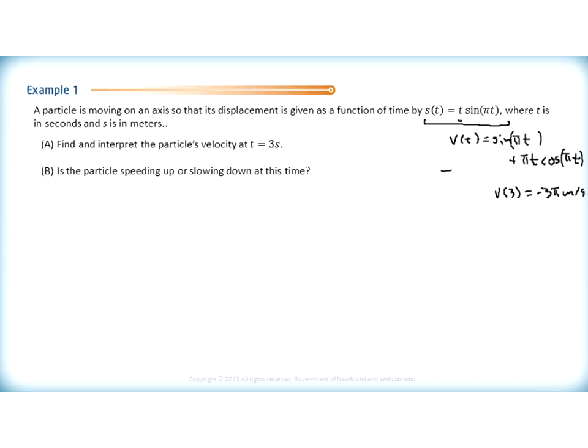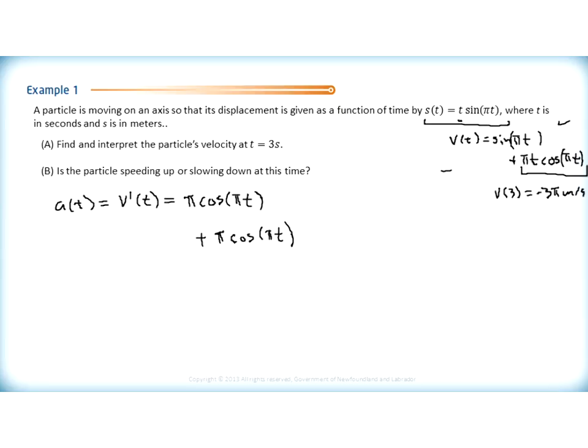So let's see what our acceleration is here. Let's remember that acceleration is the second derivative of position, which is the derivative of velocity. So over here, the derivative of sine of pi t is going to be pi times cosine of pi t. Okay, and then we have to differentiate this bit as well. So we're going to have plus, this is a product rule. The derivative of the first bit, which is pi times t, will just be pi, multiplied by the second bit, which is cosine pi t.